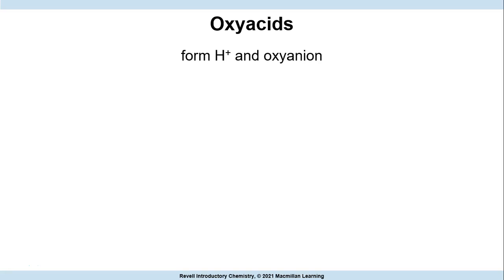Now let's look at the oxy acids. Oxy acids are acids that contain oxygen. So they form a hydrogen ion and an oxy anion. An example of this is nitric acid. Let's look at the ones that have ATE, like the nitrate ion. They will become IC acid. For nitric acid, it is the nitrate. So the ATE will change to IC, then we add acid.